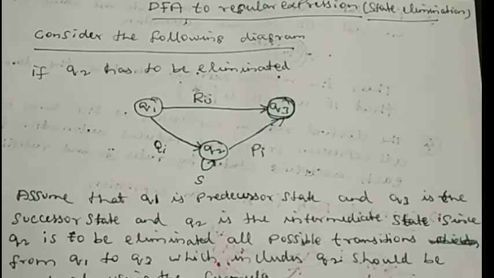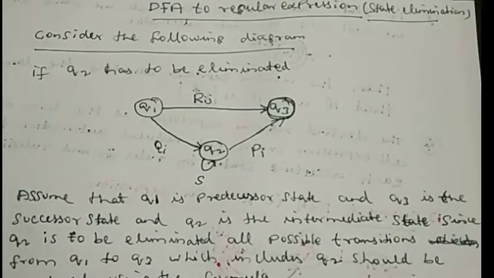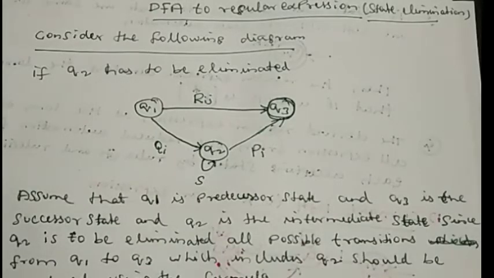So the theorem is, for instance, we have states Q1, Q2 and Q3, where the predecessor state is Q1 and the successor state is Q3. That means from Q1 to Q3 you are supposed to make a transition, and Q2 is acting as an intermediate state here. If you have a direct edge from Q1 to Q3, we call it Rij.